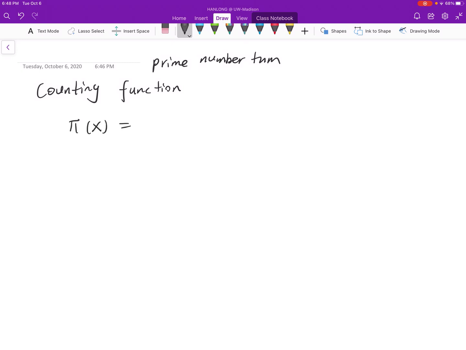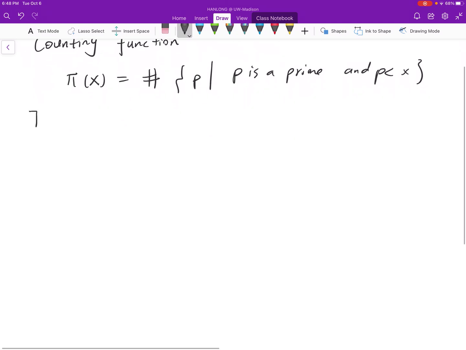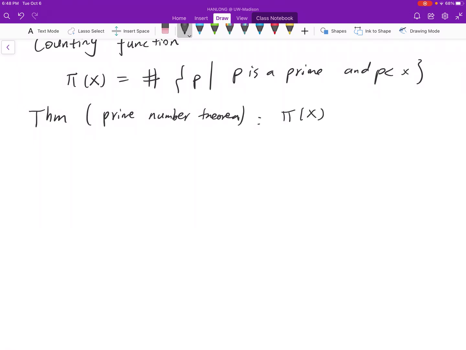So π(x) is the number of primes less than x. So the prime number theorem claims that π(x) is almost equal to x over log x as x goes to infinity.